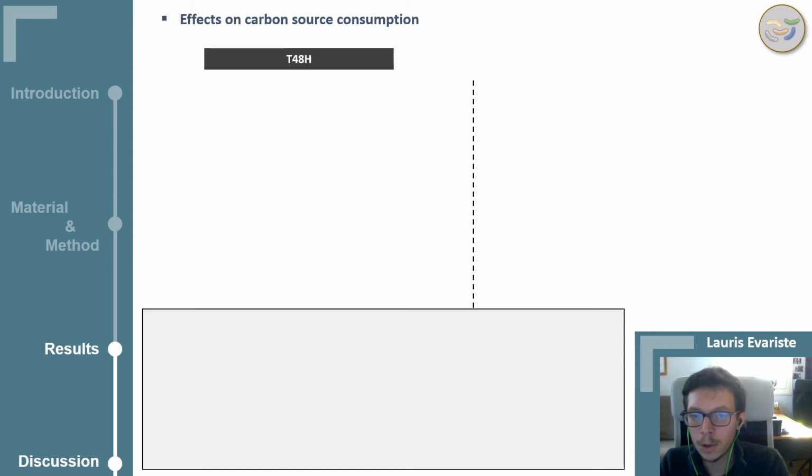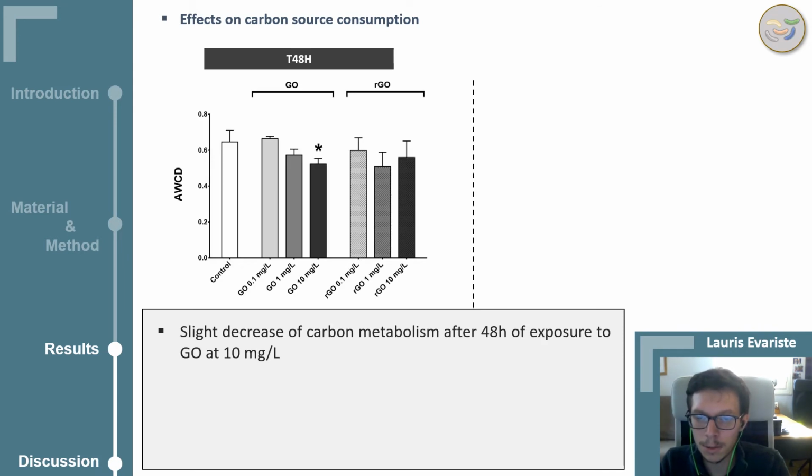Considering the overall metabolic activities, following 2 days of exposure, we noticed only a slight decrease of carbon metabolism following exposure to graphene oxide at 10 mg per liter. But if you remember, we had a strong growth inhibition under this condition.